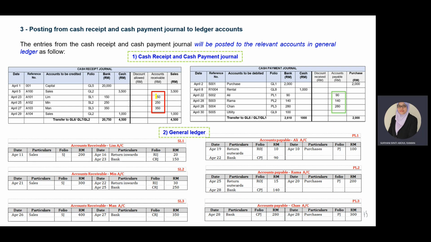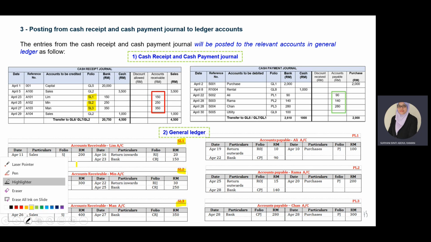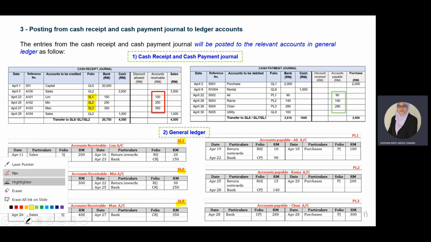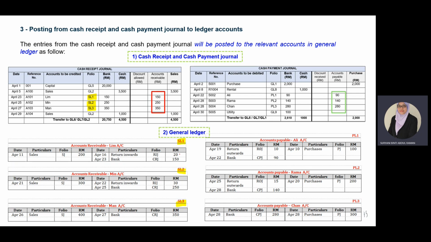Okay, the last one is to record, as I mentioned just now, that the cash receipt and cash payment also involve the accounts receivable and accounts payable. So we will update SL1, SL2, SL3 as follows. So this is SL1, SL2, SL3. Previously, we already recorded these transactions. So these are the transactions that have been recorded before. These are all the previous ones we have recorded.